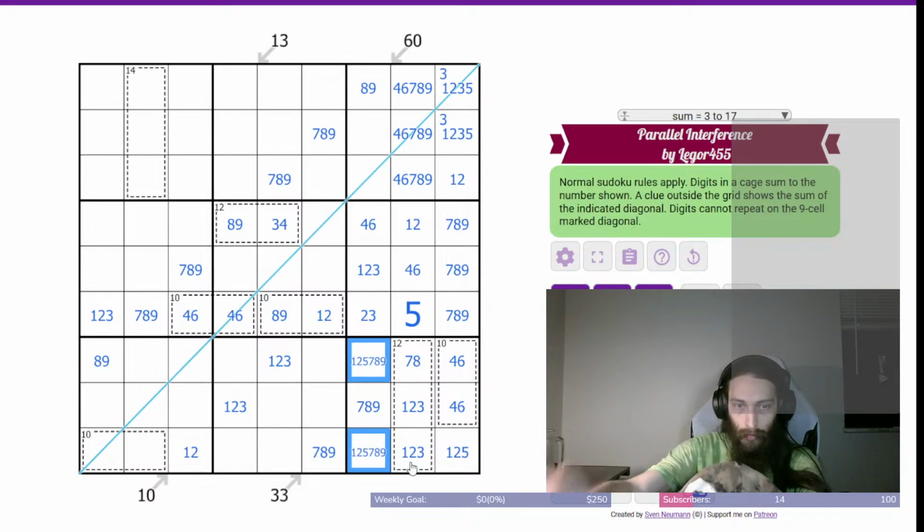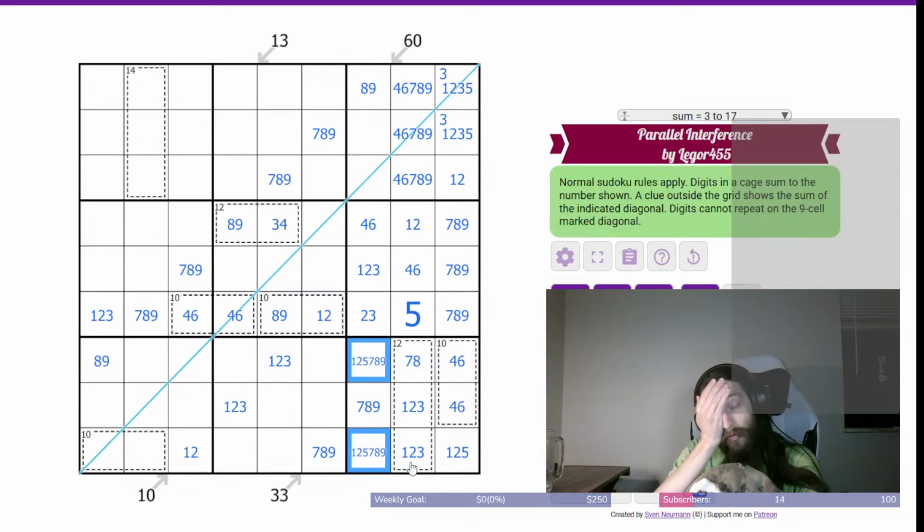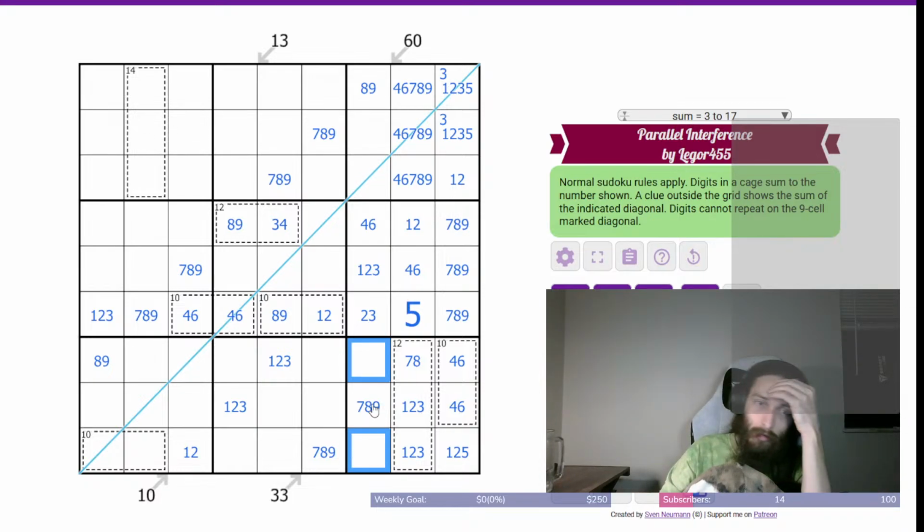Four, 6, and 3. I guess I'm going to take that out because it's too many digits.